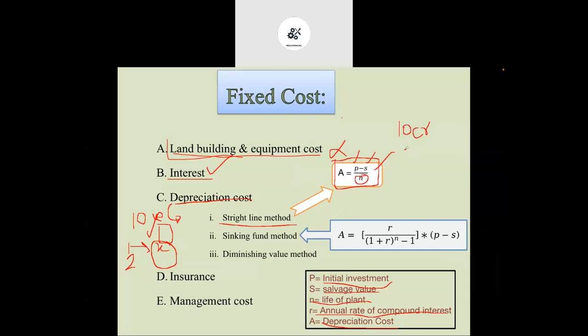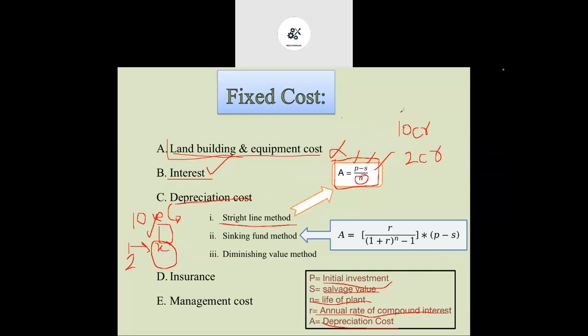It may be very high in real life, but just consider it is 10 crore, and after 10 years, its salvage value will be 2 crore. That means after 10 years, if we sell this power plant, we will get a scrap value equivalent to 2 crores. Now, if you want to find out the depreciation cost, after 10 years we require 10 crores to build a new power plant.